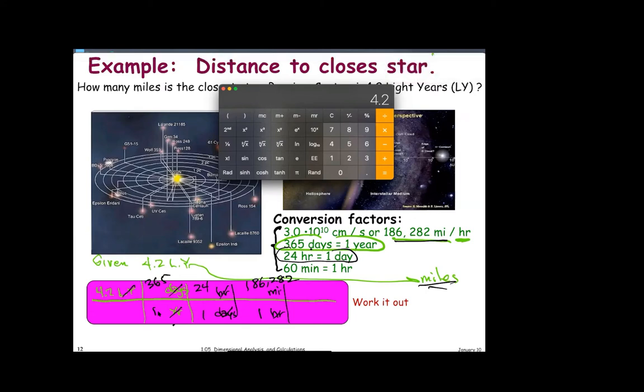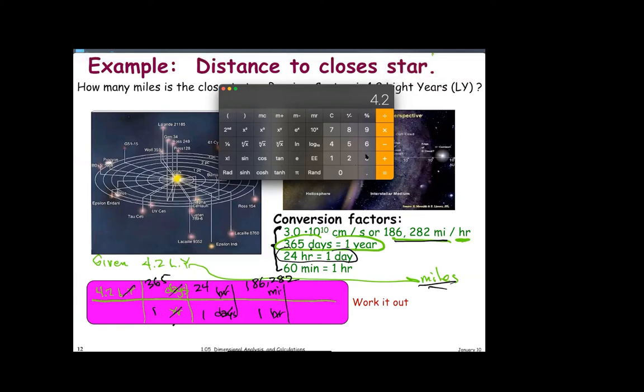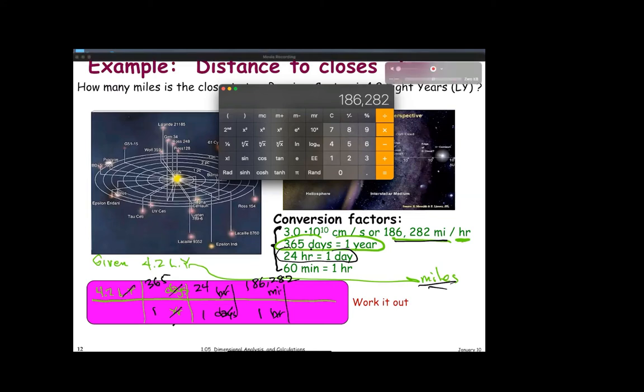Any number divided by 1 is the same number, so I'm not even going to enter that. I'm just going to take 4.2 times 365 times 24 times 1,862,282. Okay, and I'm going to say equal. So that would be my answer.